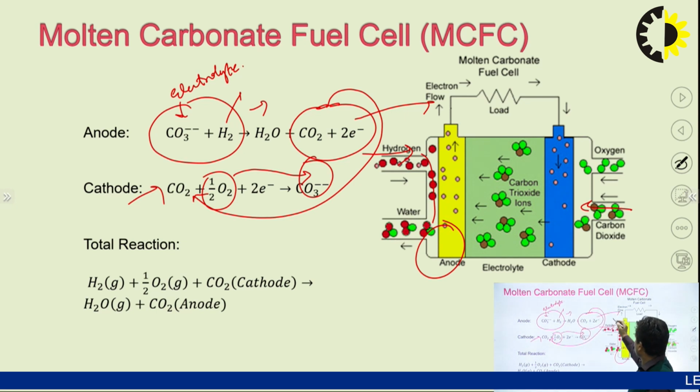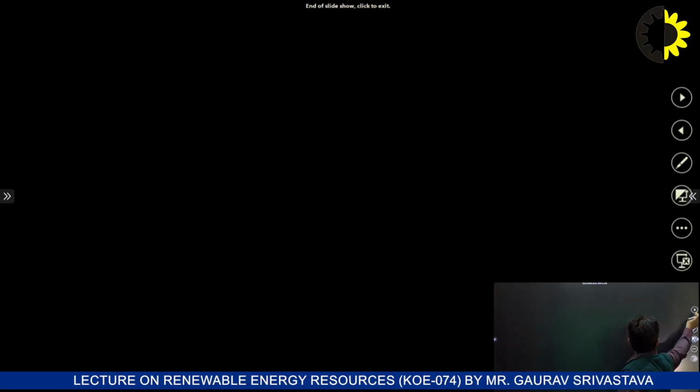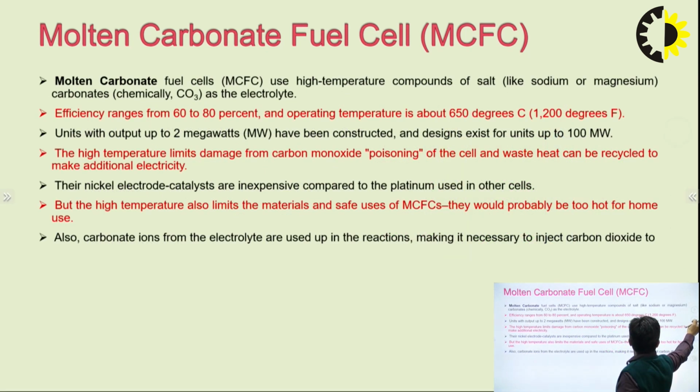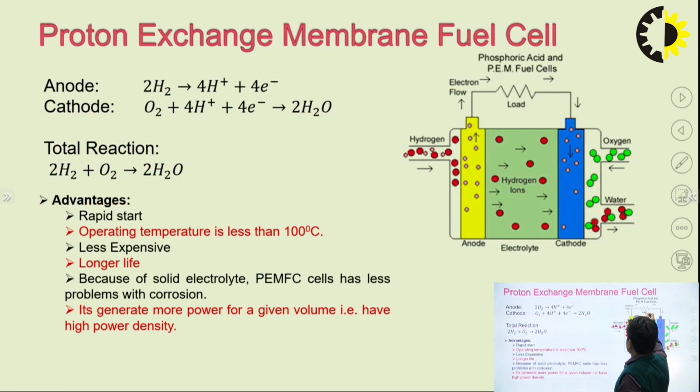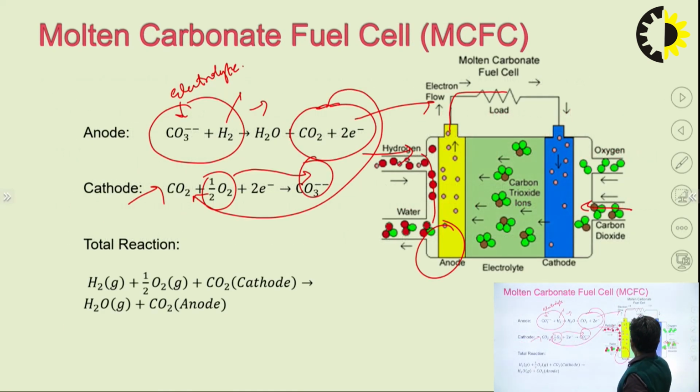These electrons are the main reason for the electricity production. These electrons can move through the external circuit, through the load, and generate electricity.